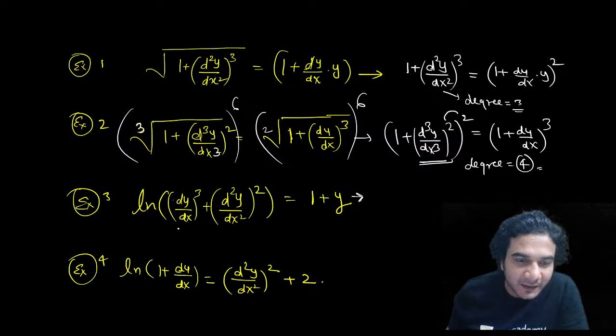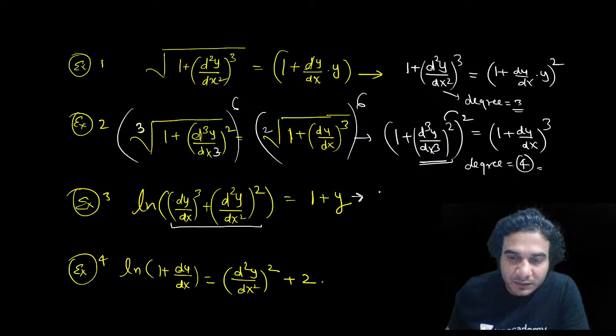Now what is the degree of the third one? Can you express this in polynomial form? So this is y triple dash plus y double dash square is equal to, just remove ln, so you can write e raised to 1 plus y. Okay, so yes, this is polynomial in differential coefficients.